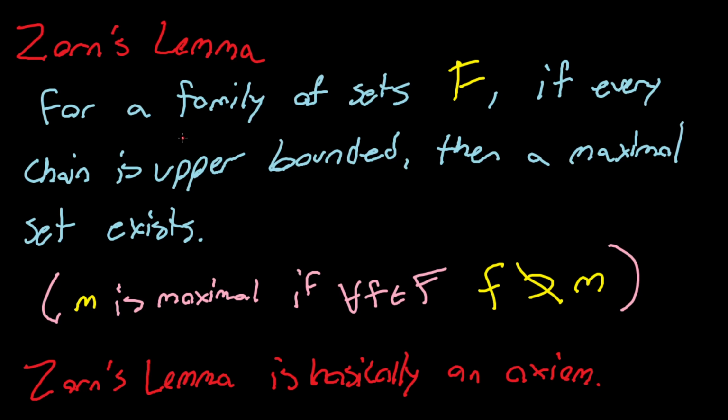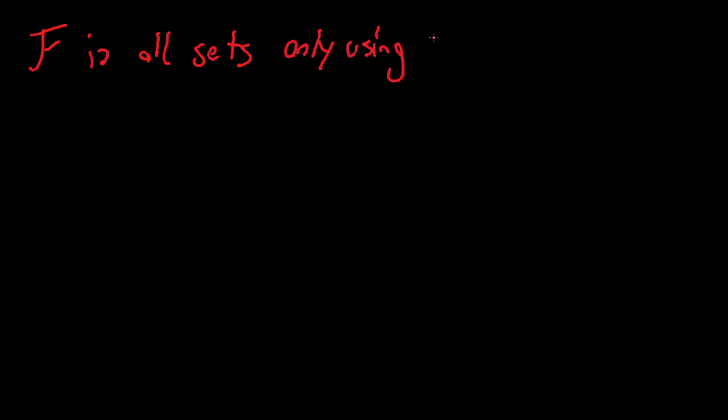Okay, so let's do an example and talk through a basic proof using Zorn's lemma. Let F be all sets only using 1, 2, or 3.